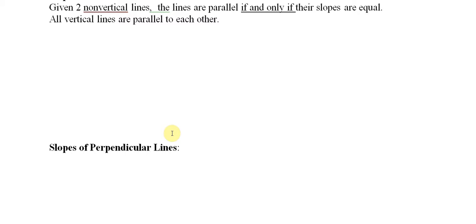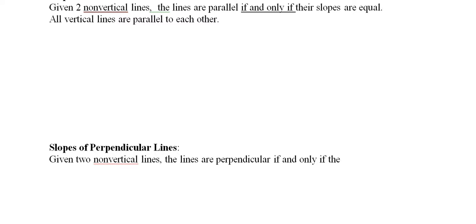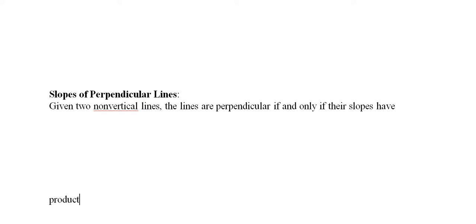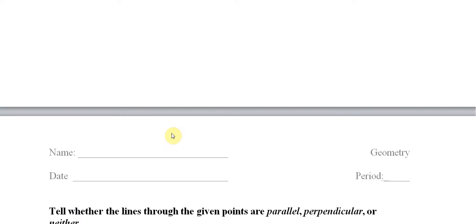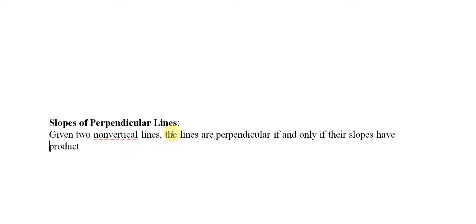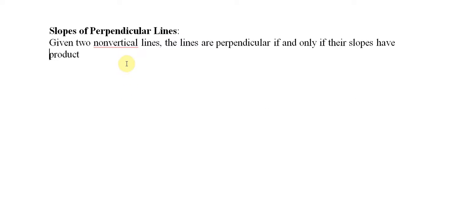Next, we can say the following about perpendicular lines. Given two non-vertical lines, the lines are perpendicular if and only if their slopes have a product of -1.